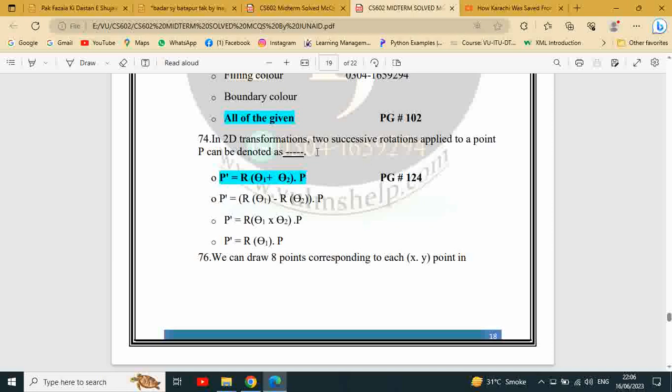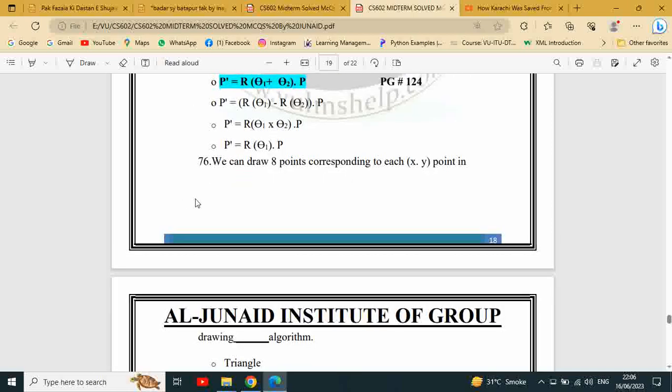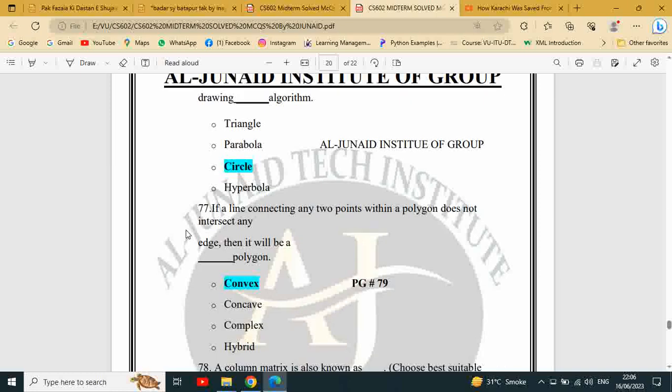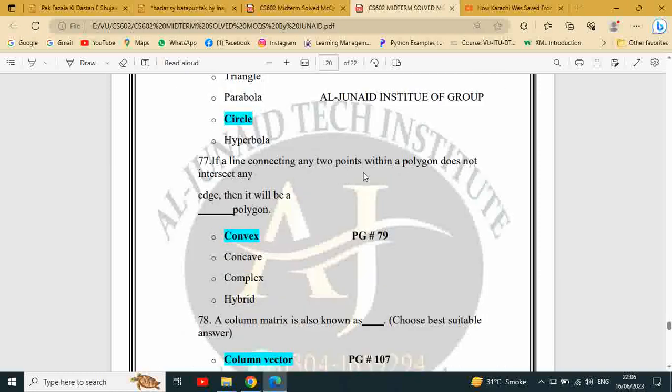In transformation, two successive rotations applied to a point P can be denoted as P' = R(theta 1 + theta 2) P. We can draw 8 points corresponding to each xy point in the circle drawing algorithm. If a line connecting any two points within a polygon does not intersect any edge, then it is a convex polygon.